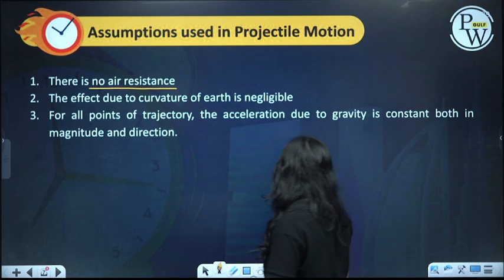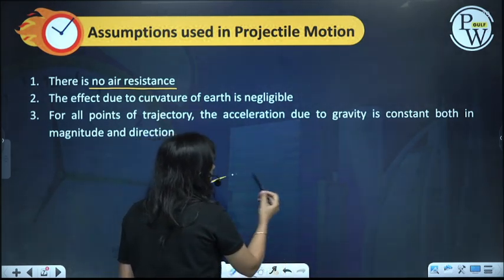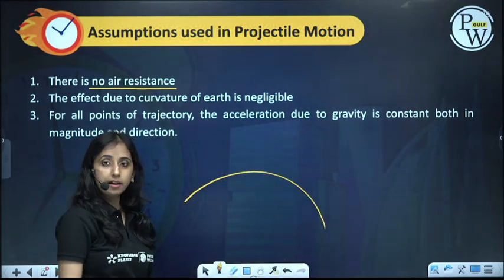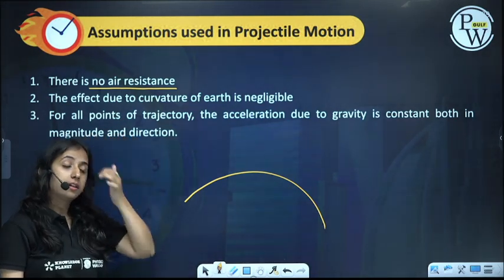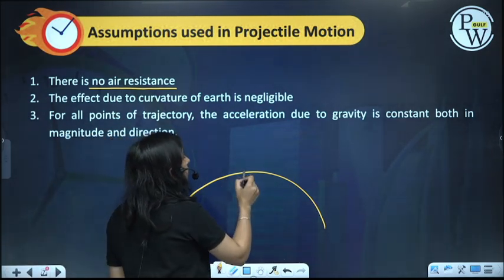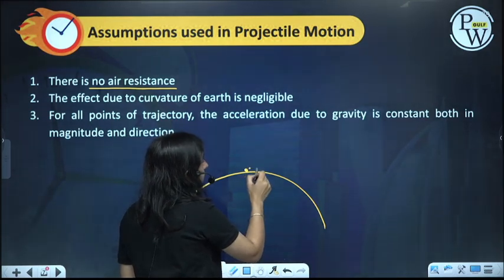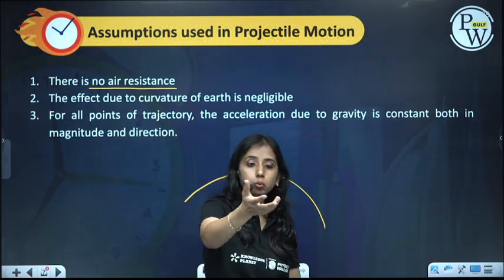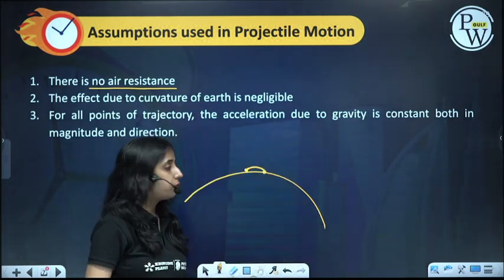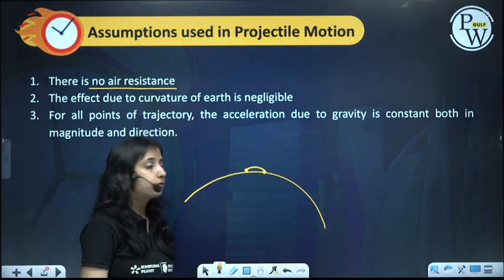Then we know that the earth has a spherical curvature. Earth is not flat. But when we throw a projectile, say a ball in your room, is it moving on a curved surface or a flat surface?